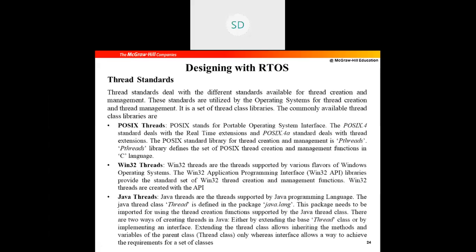While we write a program, we can have a provision to define a thread, how it has been placed, and when to call that thread. So all that can be initialized. This is one example, the POSIX thread. Along with that, for the Windows operating system, there is the Win32 thread library, as well as Java threads.